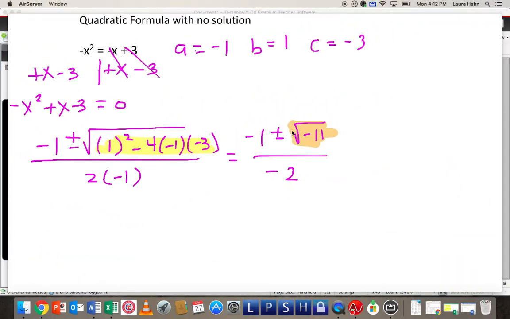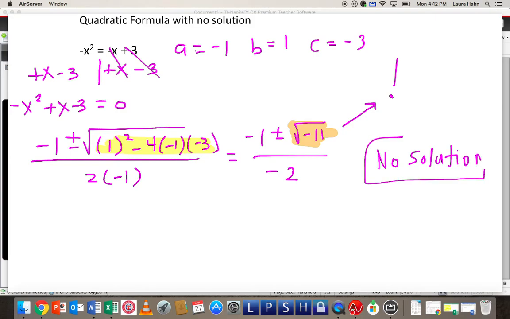As soon as you see a negative inside the radical when you're doing the quadratic formula, stop your work. You can't do it, okay? And if you can't do it, what that means is no solution. I can't do it. There is no solution.